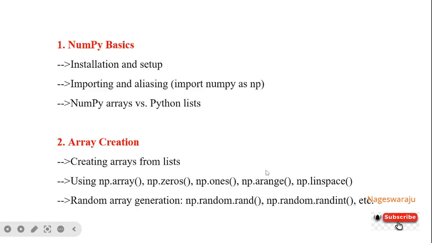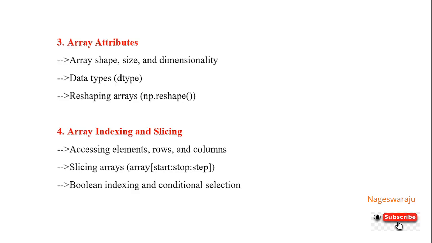Next, np.arange: we arrange the values in ascending or descending order. Next, np.linspace: the entire data will be displayed in a single line. Next one, random: we assign the data in a random way. Okay, this is array creation.